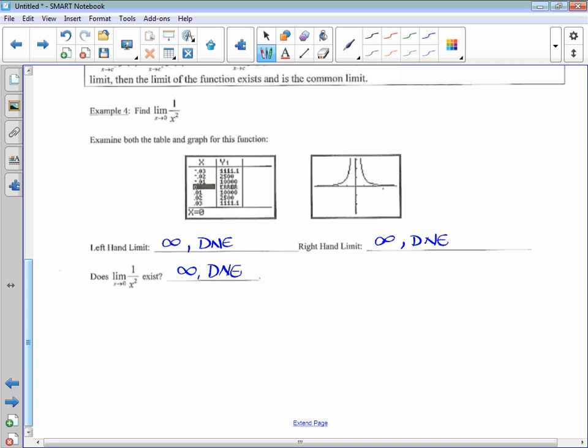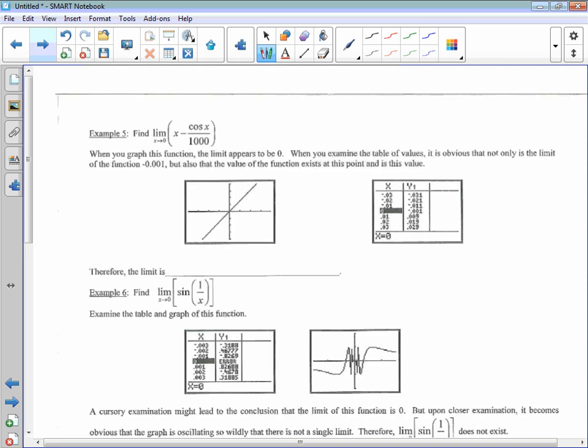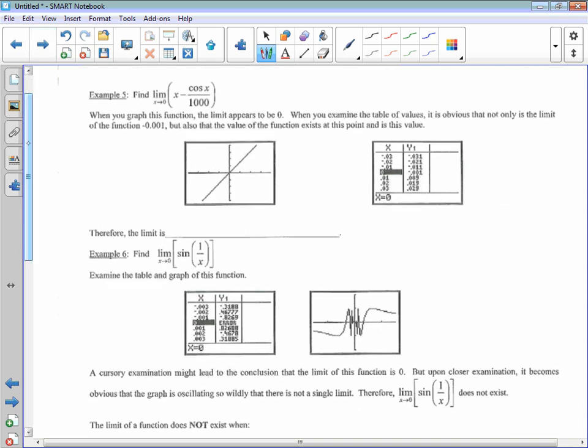All right, the next one. Okay, so this looks lovely, doesn't it? The limit as x approaches 0 of x minus cosine of x over 1,000. Okay, you don't have to graph that by hand. This is the graph you're given. All right, guys, look up here.